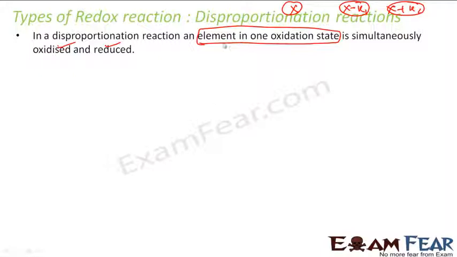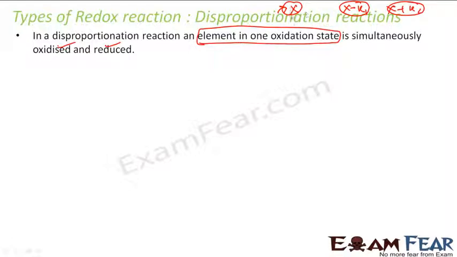Here the logic is that the same element is oxidized and reduced, right? For this to exist, you should have an element where 3 oxidation states are possible. That is one requirement. 3 oxidation states should exist: x minus k1 and x plus k2. Also, the one on the reactant side should be in the middle of the range.